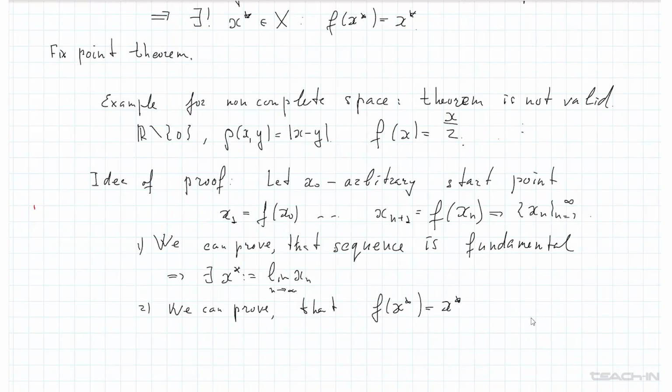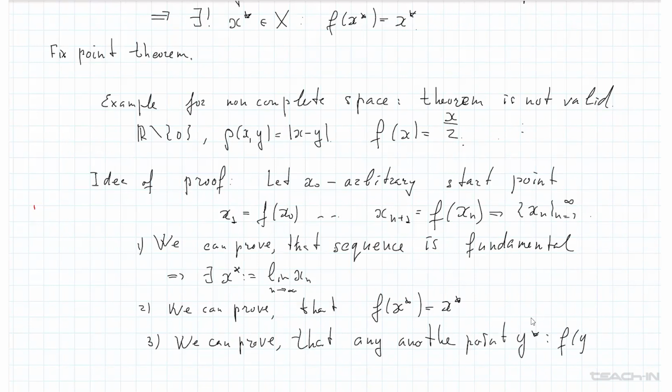That is the first step, the second step, and the last step is to prove that for any other point y star with the property f of y star equals y star, it follows that these points are the same. This is the idea of the proof. So if you know this fact, then we will not discuss it in detail.